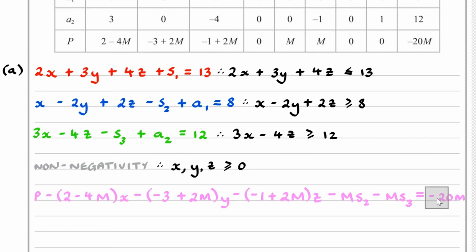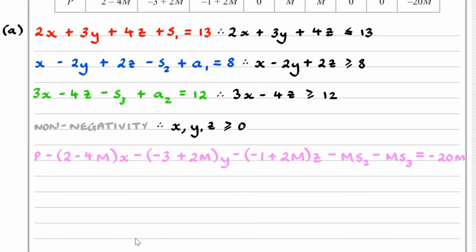So what we can do from this is expand and simplify.